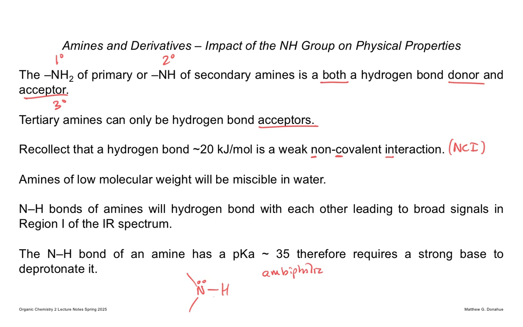So this NH has a pKa of about 35, so it's a weak acid, meaning to deprotonate it, you have to use a really strong base. But the presence of the lone pair also makes dimethylamine a base, which you can react with acids. So the lone pair and the NH will do different things depending on what reaction medium you're in.